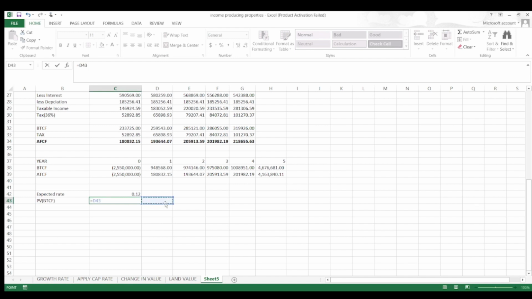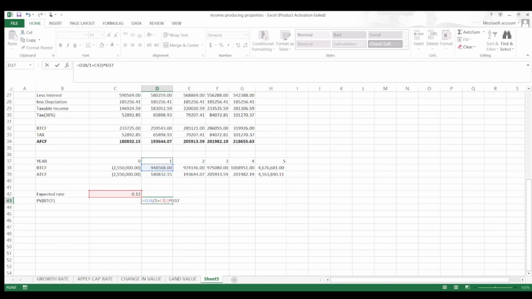So we take the cash flow divided by 1 plus R, the expected rate, raised to N, which is the number of years.